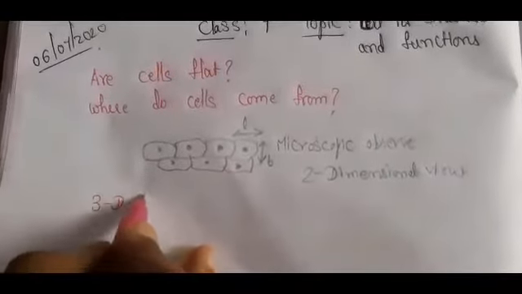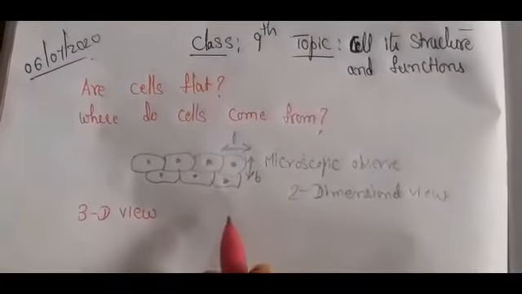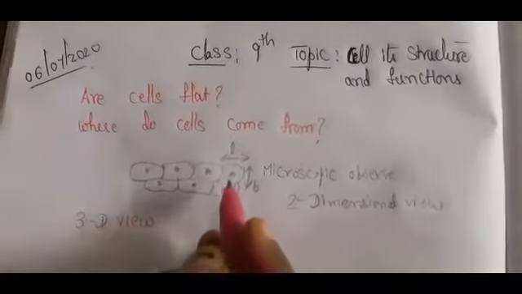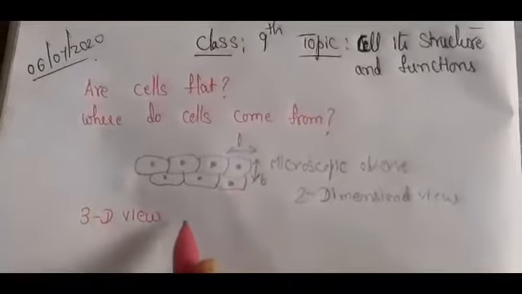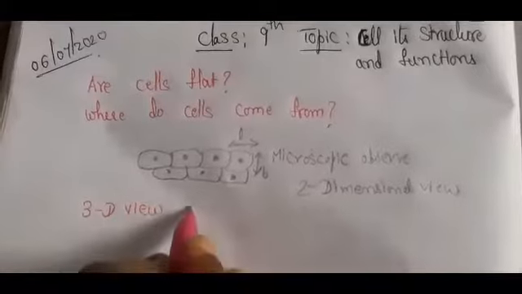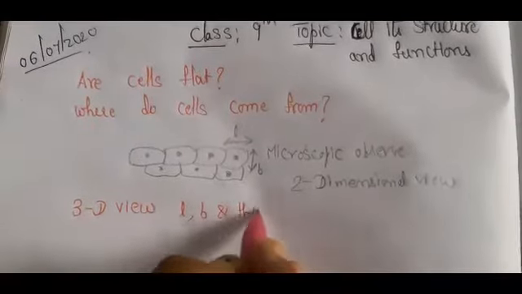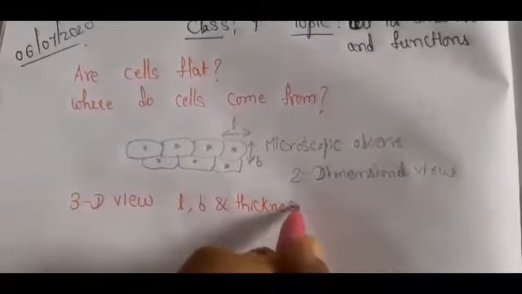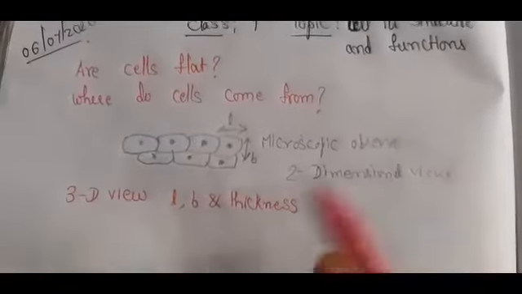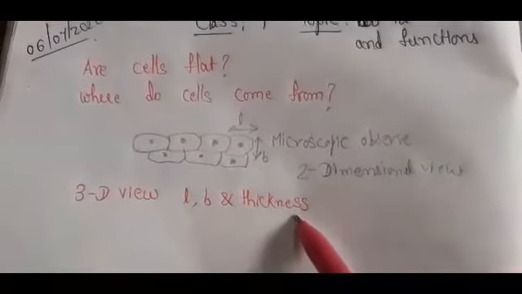So the 3-dimensional view is present for a cell. Cells appear flat, but in the 3D view a cell will have length, breadth and thickness.